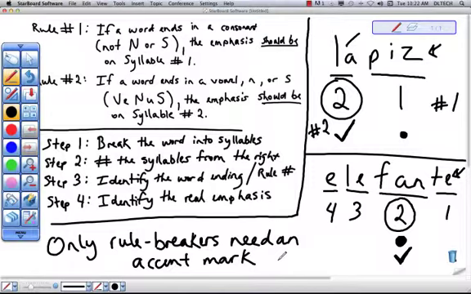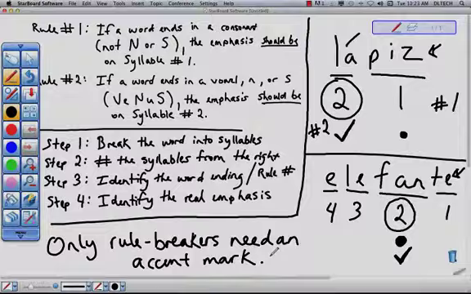Words like elefante are following them, so you don't need an accent mark on them. So, if you remember just these 2 rules and these 4 steps, and remember that only rule breakers need an accent mark, you're going to be set for all of your Spanish accent marks.